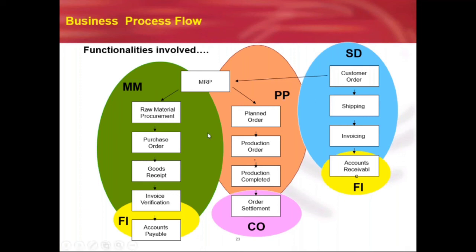So like this, each and every functional module is integrated to one another. So it means first purchase, then production, then later on sales. Okay. So this is a fundamental business process that takes place in any organization.